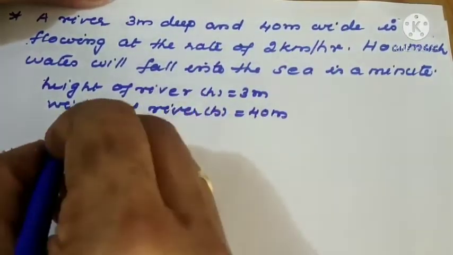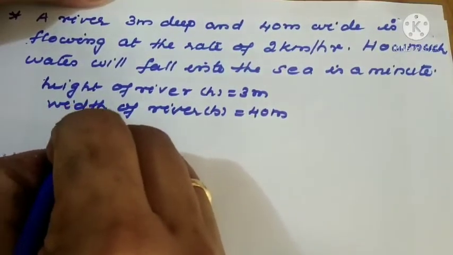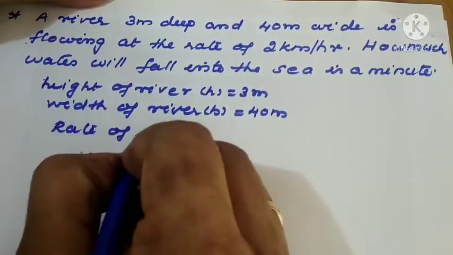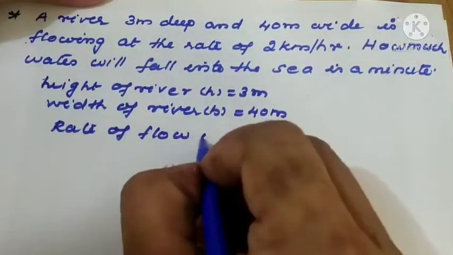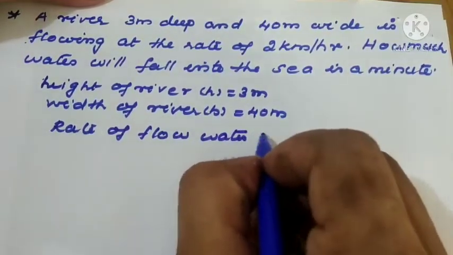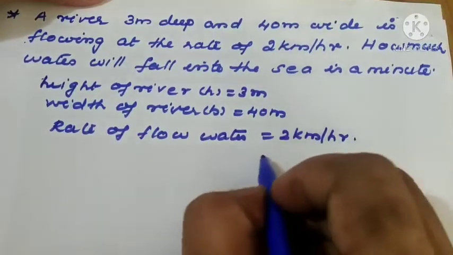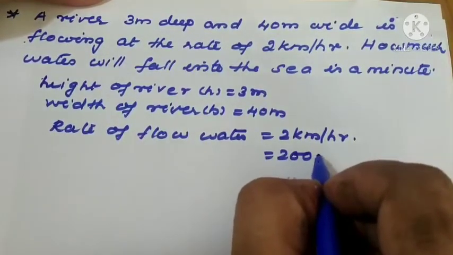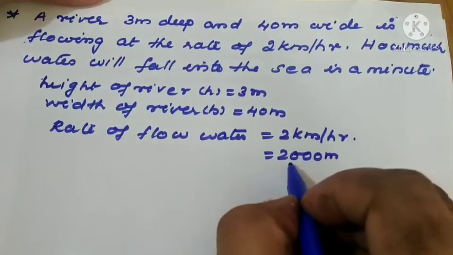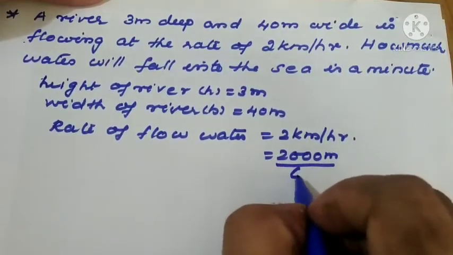Next, rate of flow of the water, 2 km per hour. That means 2000 meter by 60 minute.